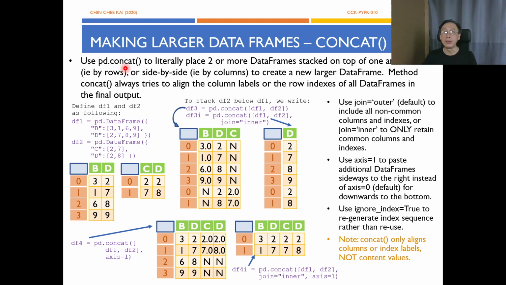So instead of saying pd.DataFrame supplying multiple data frames, that's not allowed. We use pd.concat. So think of concat as another way to create a new data frame by taking existing data frames as basic building blocks. That's a fine point to remember. So don't put df.concat, but pd.concat.